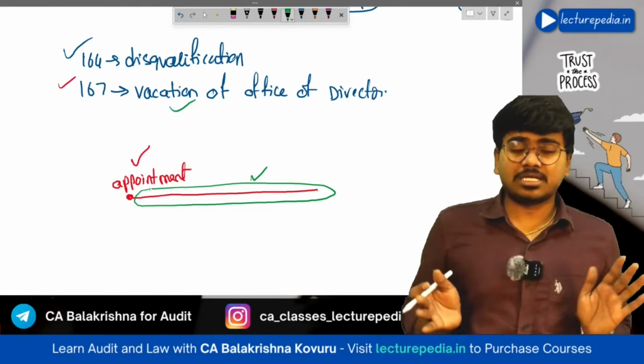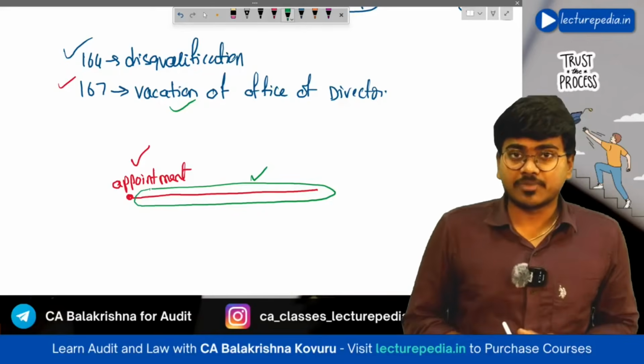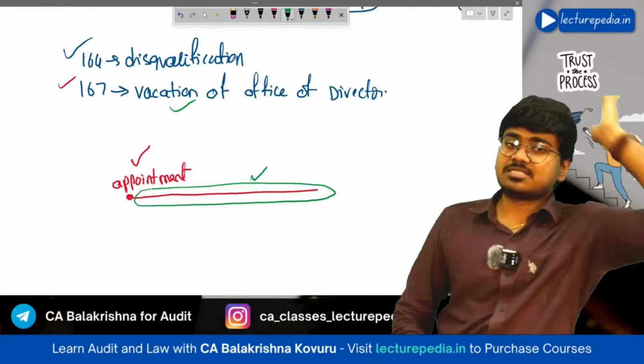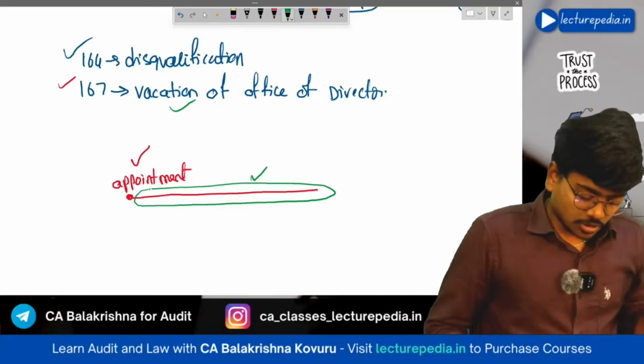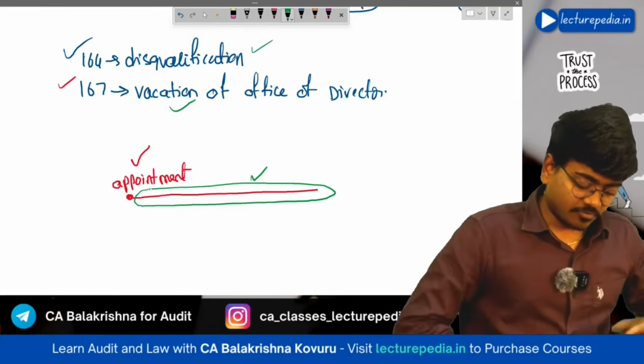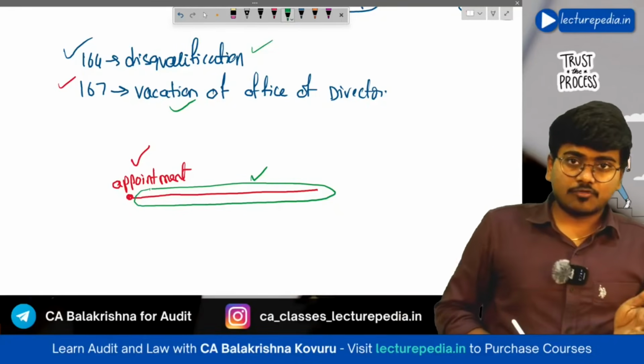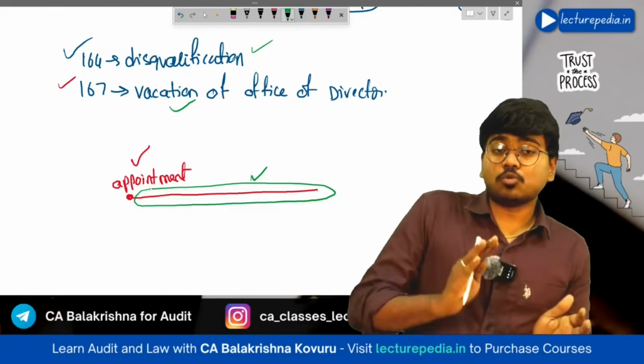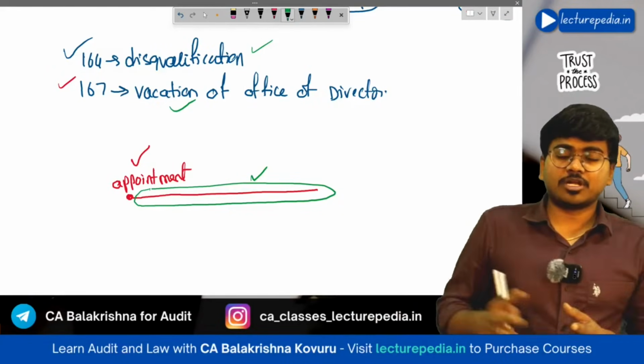The first point under section 167 is that the director will vacate the office if he gets hit by disqualifications under section 164. So the difference is you will check 164 points at the time of appointment and after appointment, whereas you will check 167 points only after appointment.